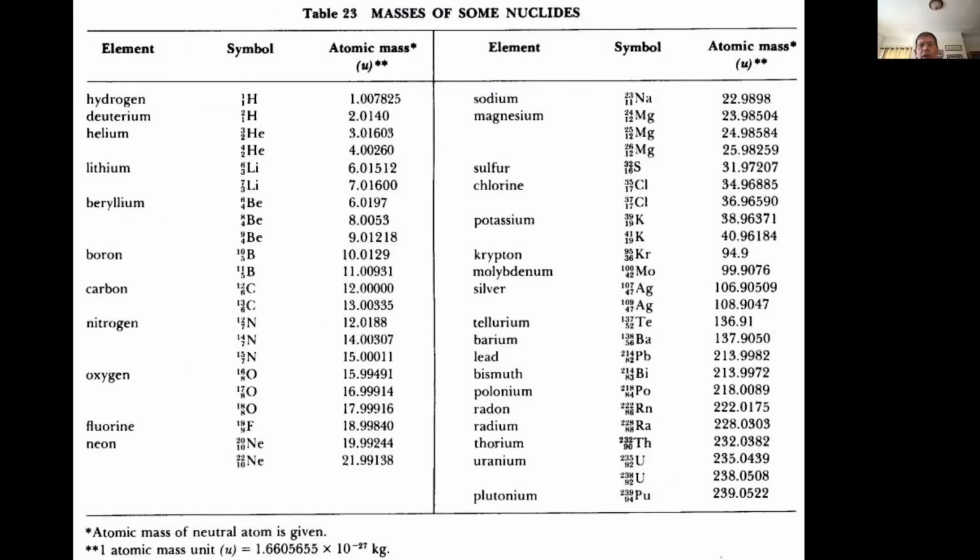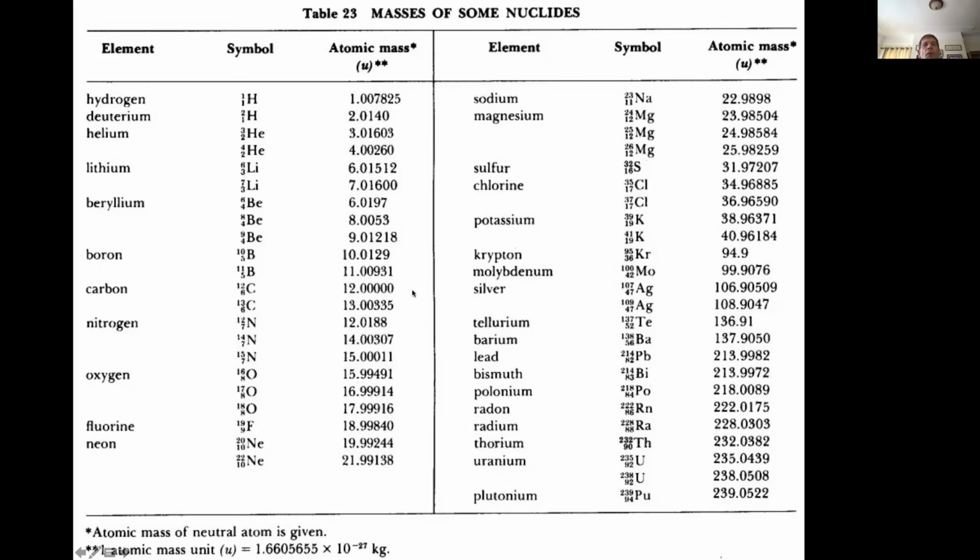There's a table of masses of some nuclides, and when you first look at this, you notice something rather interesting. This may be a touch small, but I hope you can read it. Well, there's our friend carbon-12, and listing the atomic masses here in atomic mass units, sometimes called AMU, here it's simply called U. By definition, it's 12.0000.